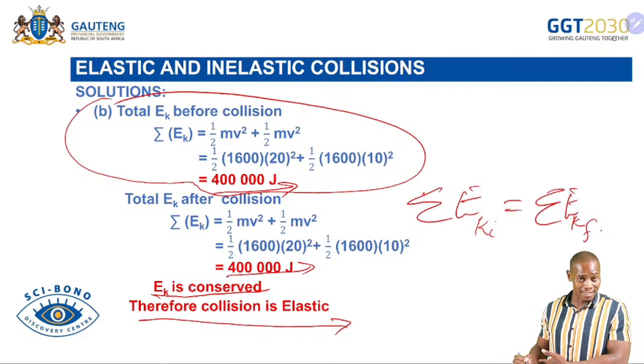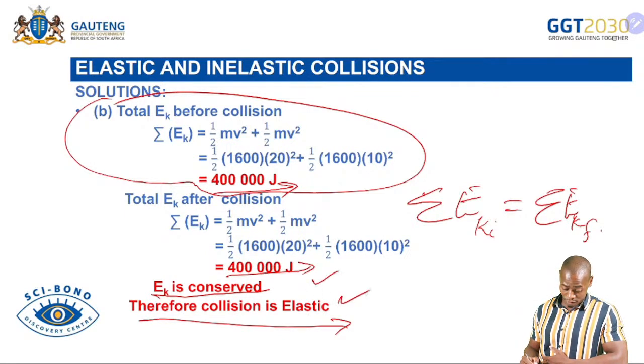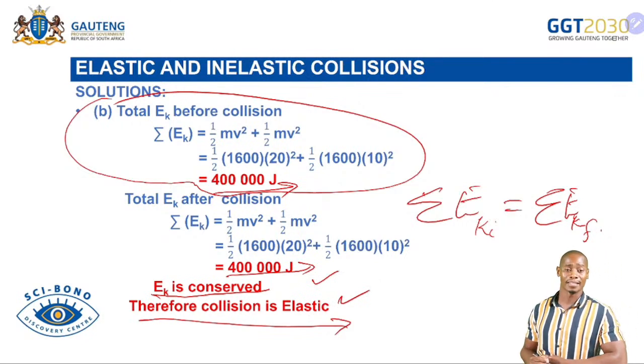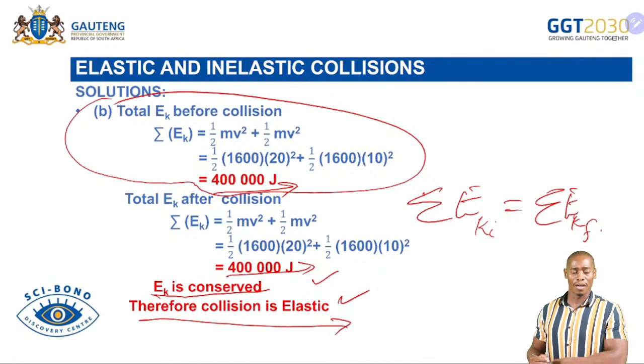In an elastic collision, the total kinetic energy is conserved. In an inelastic collision, the total kinetic energy is not conserved. So in this case, the total kinetic energy is conserved, therefore the collision is elastic. This is how we prove by calculations whether a collision is elastic or inelastic. That is very, very important, learners.